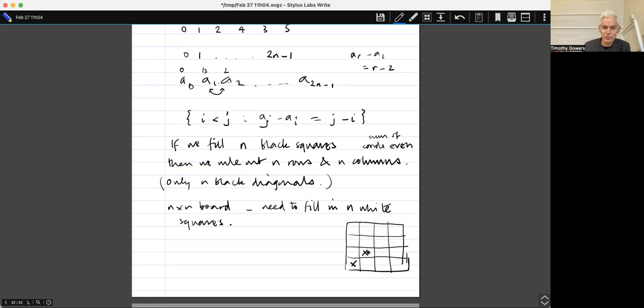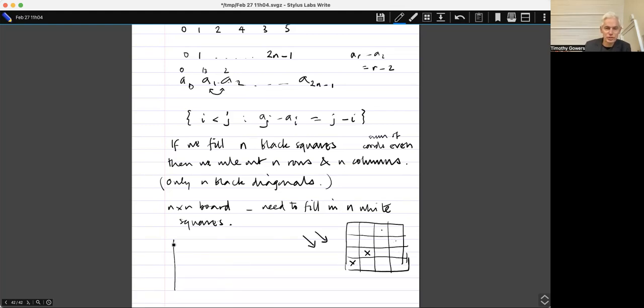Sorry, I wasn't allowed to do that because they're in the same diagonal. Oh, well, let's make my diagonals the ones that, just for the sake of this particular diagram, go in that direction, because it doesn't make any difference. So I fill in those two, and now the only two white squares that are left are going in the opposite direction. There's only one diagonal left. Is that going to be a general phenomenon? Let's try it with 6.